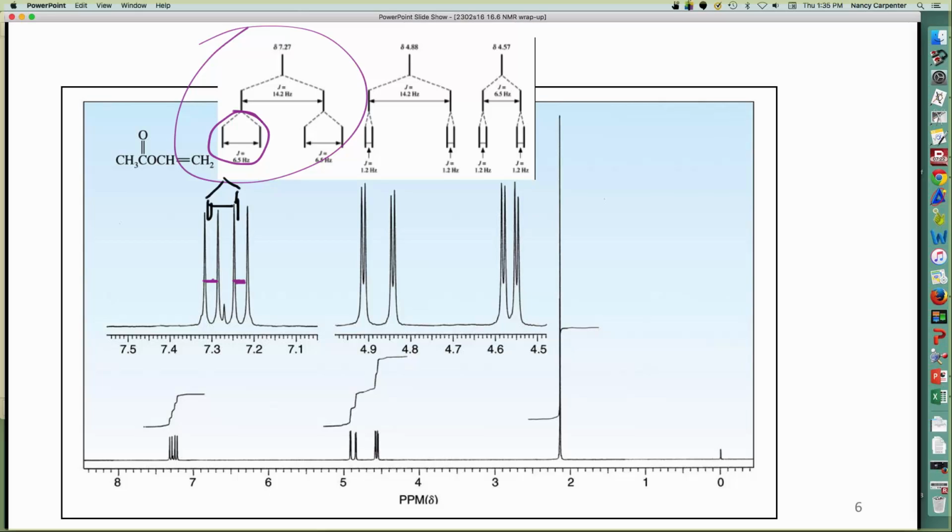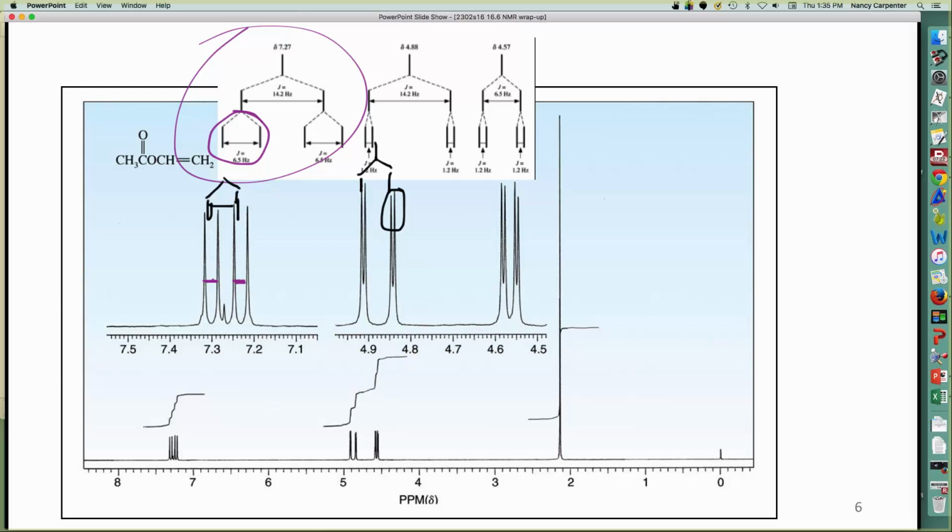Well, that same trans coupling is evident right here in the middle hydrogen, if you will. And there's the teensy-weensy geminal coupling.